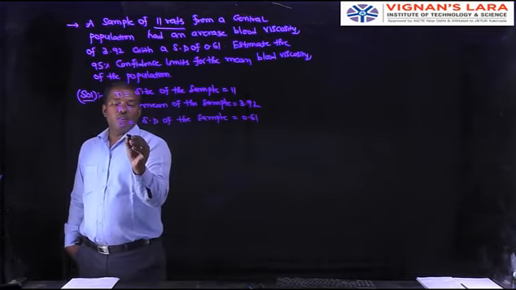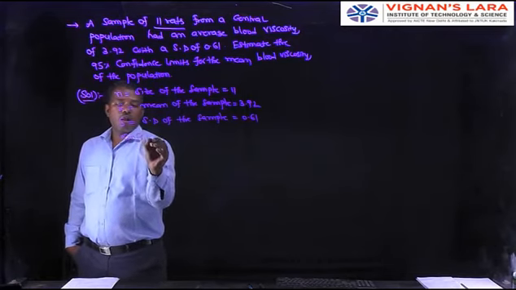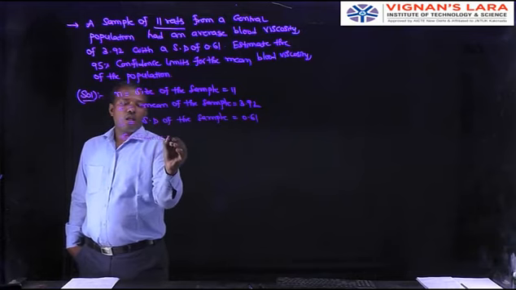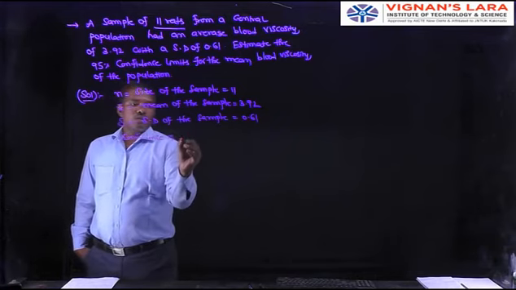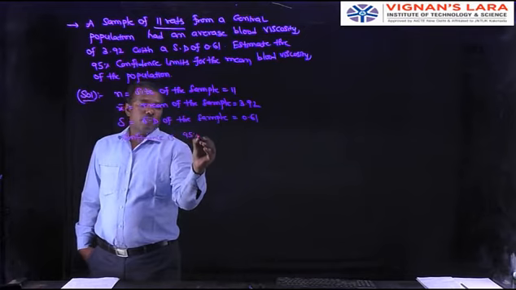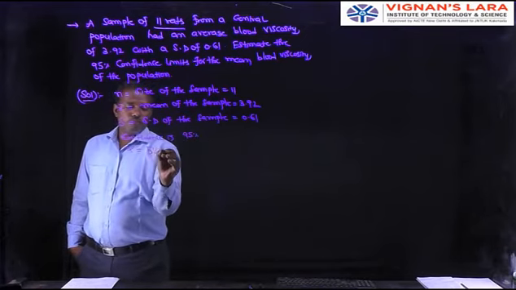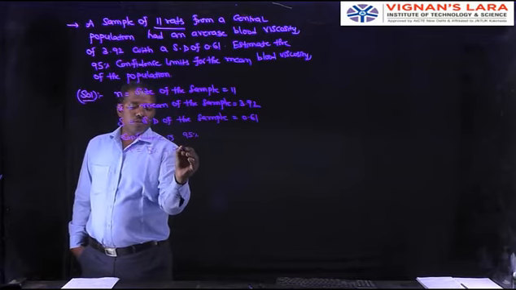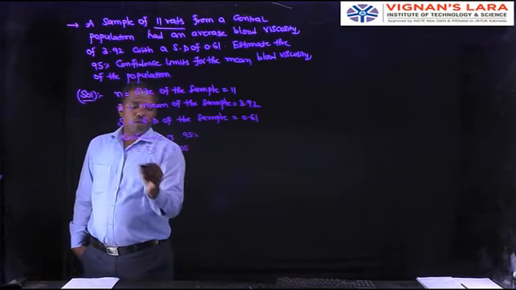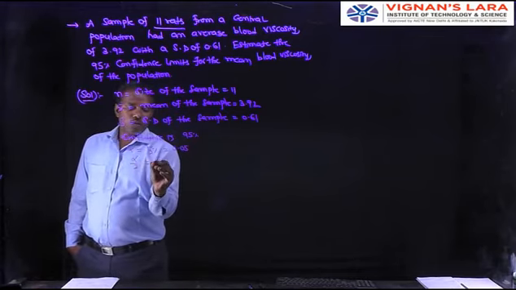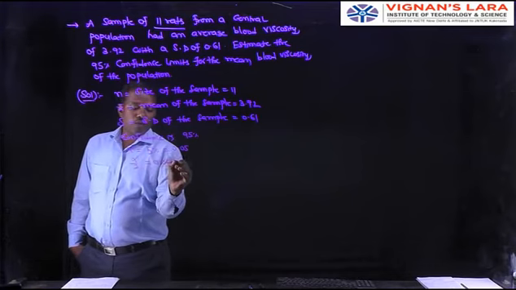Confidence is 95%. So alpha is equal to 5%, that is 0.05. Alpha by 2 is 0.025.